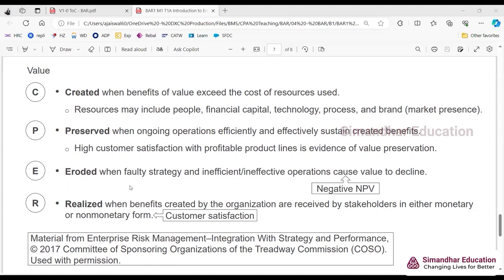Another scenario: a new product was launched, and it was a huge success. Which one will it be? It will be value creation. Again, please understand, value realization is when the shareholders are selling something. They are realizing, which means they are actually getting the gain. Creation is a notional gain. When share prices go up, is it an actual gain or a notional gain?